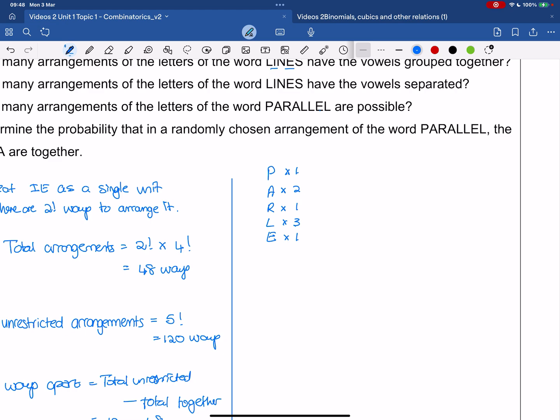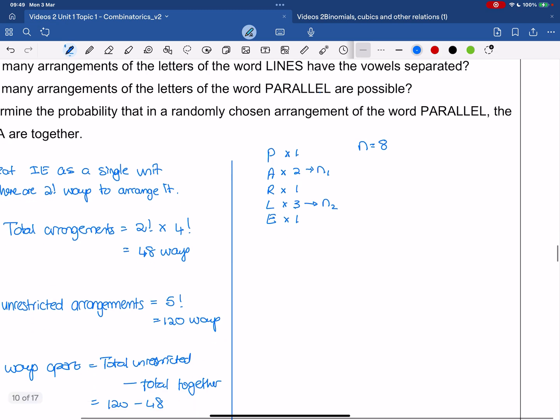Okay, so if I've got repeated letters, I'm going to let that one be n1, and I'll let that one be n2, and my n, which is my number of letters in my word parallel, is 8.